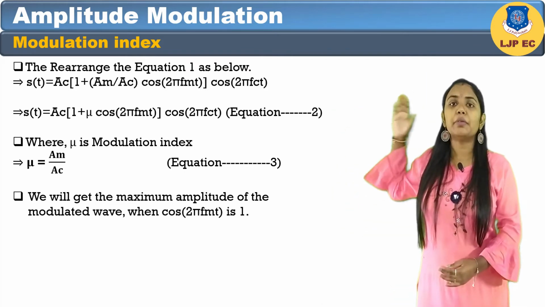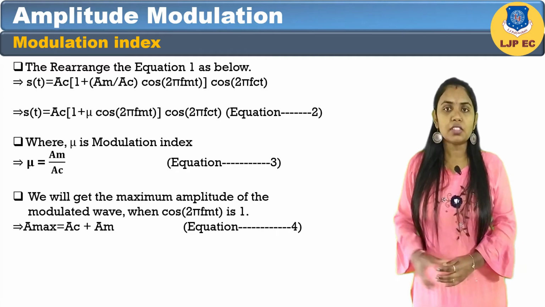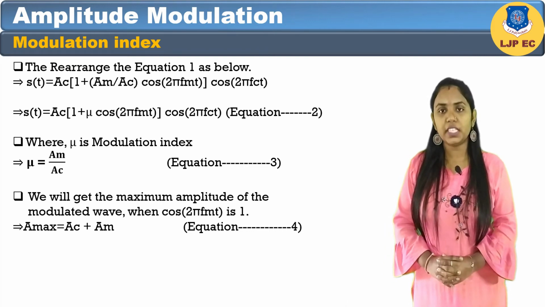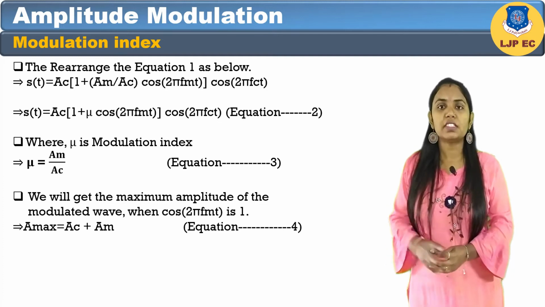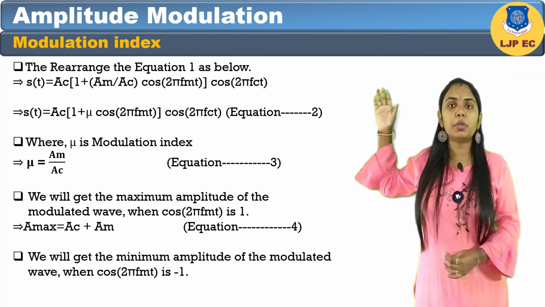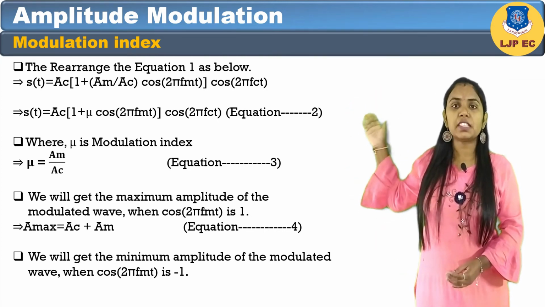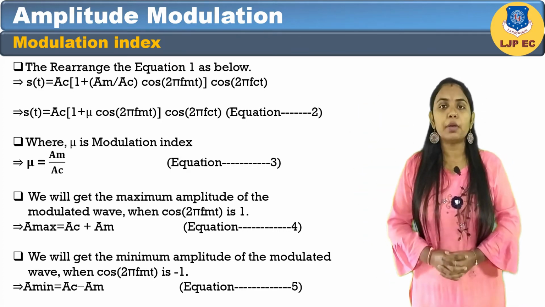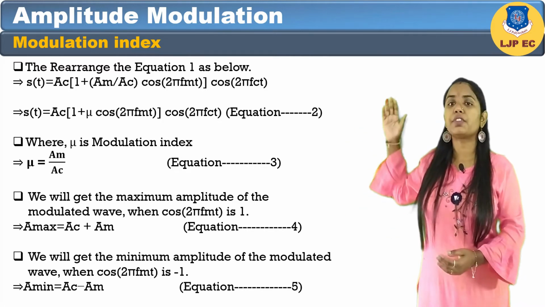We will get the maximum amplitude when cos 2π fm t = 1. So Amax = Am + Ac. That is our equation number 4. We will get the minimum amplitude when cos 2π fm t = -1. So Amin = Ac - Am. That is our equation number 5.